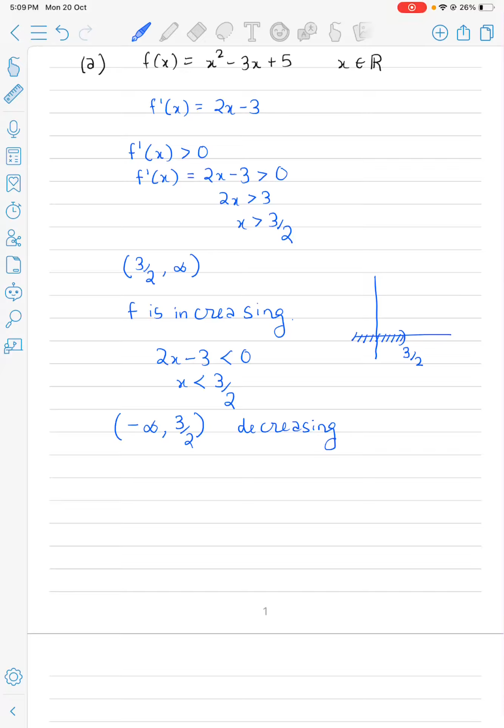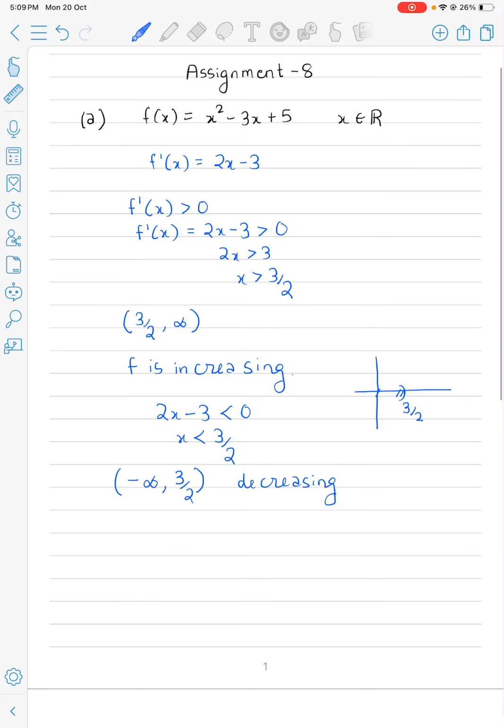Okay. You calculate the value at 3 by 2, and there you will see from minus infinity to 3 by 2 this is decreasing, and from 3 by 2 to infinity it is increasing. Okay. So at 3 by 2 we will have a minima.